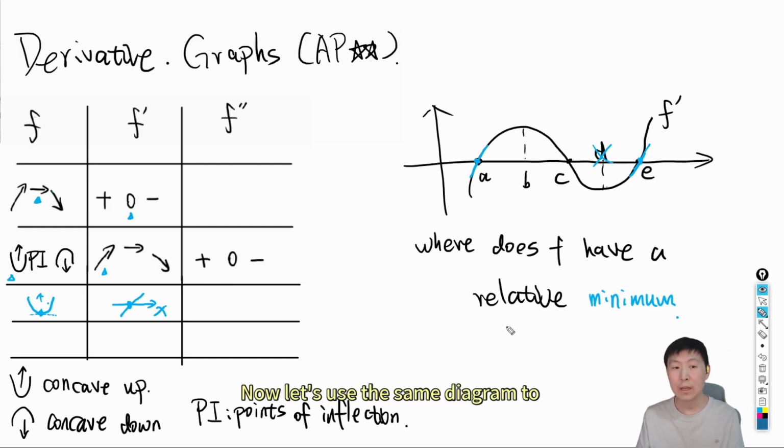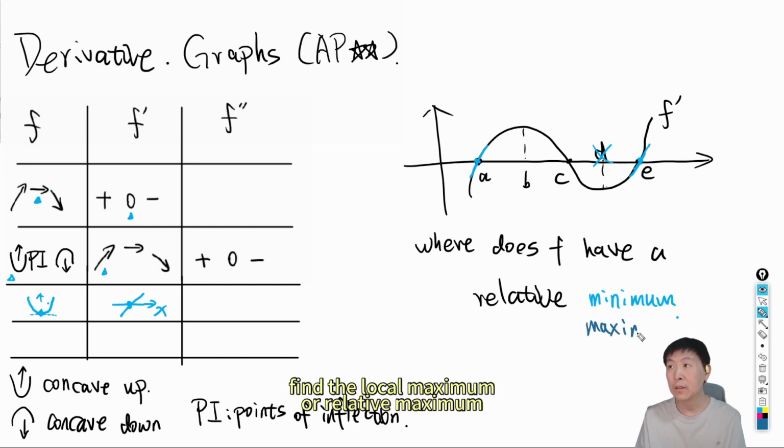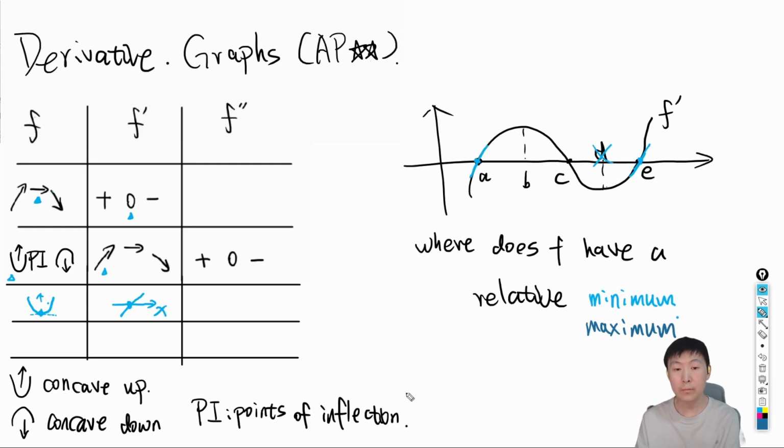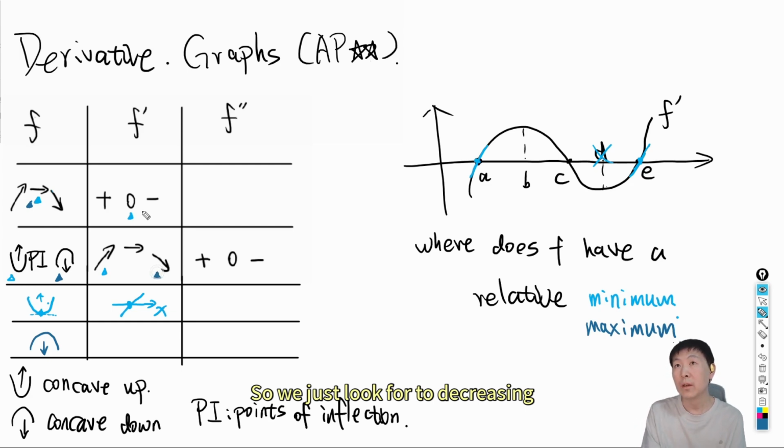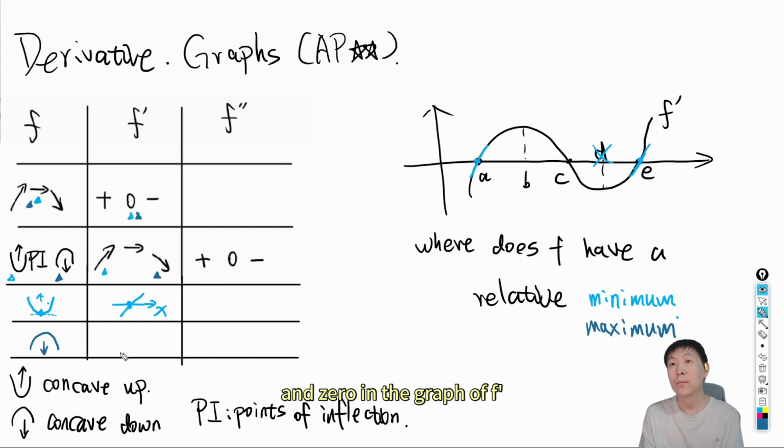Now, let's use the same diagram to find the local maximum or relative maximum. Relative maximum means concave down plus horizontal tangent line. So we just look for decrease and 0 in the graph of f prime.